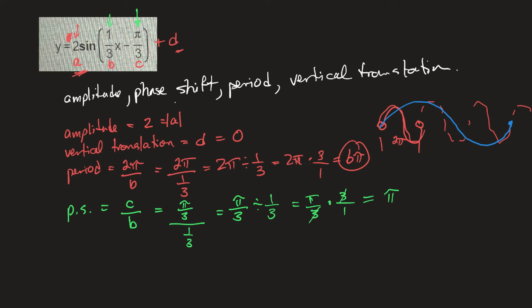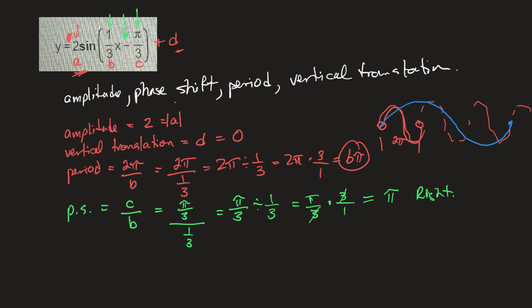So here the phase shift is pi. But remember, with phase shift, you always have to say what direction it's going. And again, because of that sign there, and it's always opposite to what you think, the graph would shift to the right by pi units.